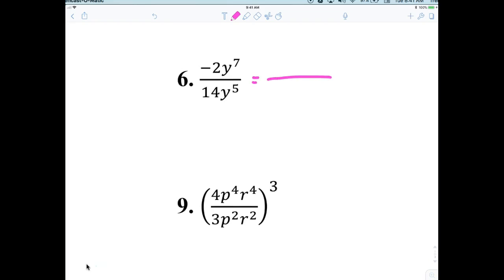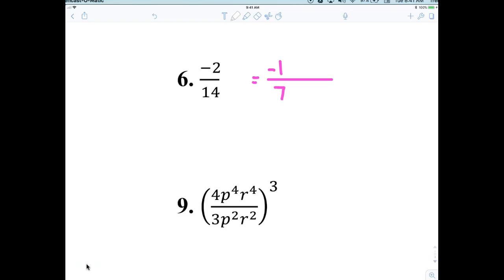So, -7y cubed, wait a minute, not -7. It's just 12. Stop. You guys are embarrassing me. That's a -2/14, which is what? -1/7. Come on, think of that as a fraction. Pretend this right here is not even here. Does everybody see what I'm trying to show you now?